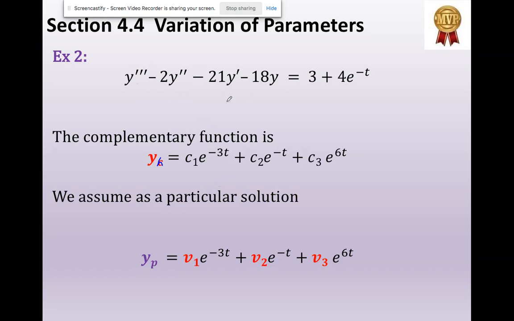I got my characteristic equation and found the roots, -3, -1, and 6. Made my complementary equation the same as my homogeneous, but with functions in front of each one of those instead of constants.